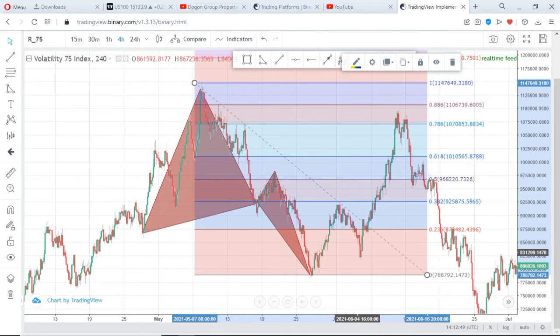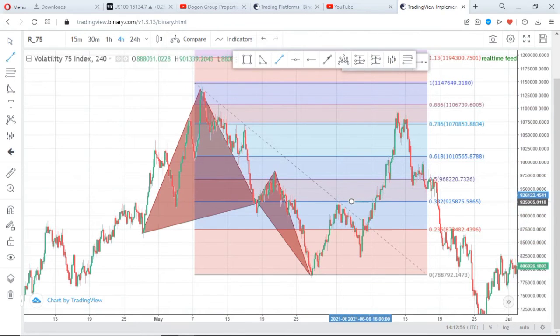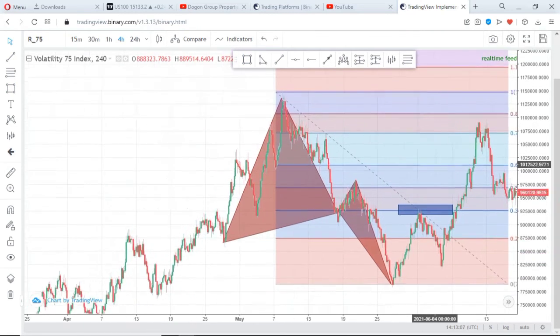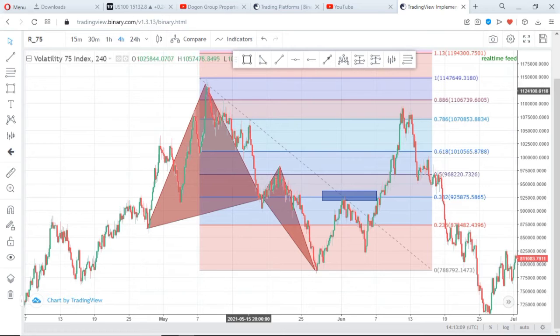But if you held also, you didn't lose, because it went up again to our 618. So 38.2 was our first target. Okay, let me use a shade there. 38.2 was our first target. Got hit. Second target also.